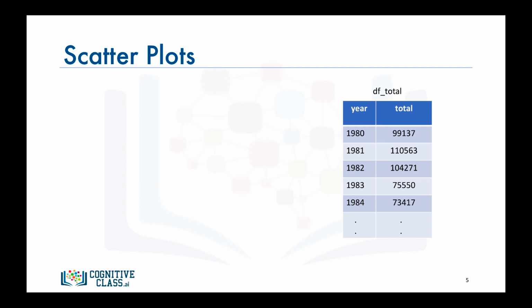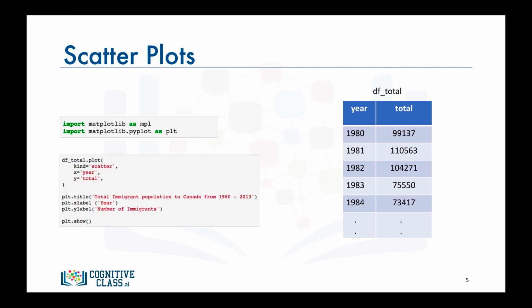Then we proceed as usual. We import Matplotlib as MPL and its scripting layer, the PyPlot interface, as PLT. Then we call the plot function on the data frame df_total, and we set kind equals scatter to generate a scatter plot.